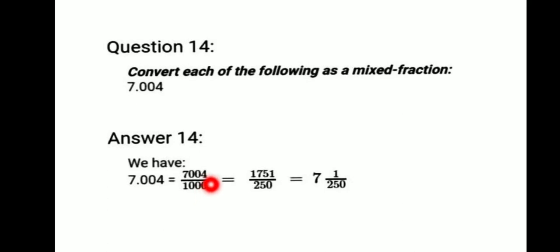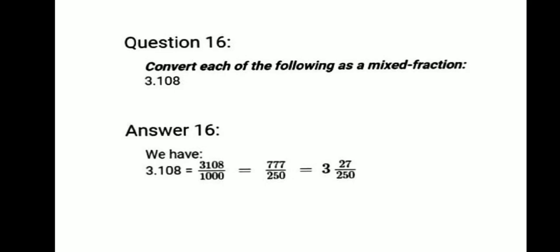Okay, both numbers are divisible by 4, so the simplest form should be 1751 upon 250. Now, when you divide 1751 by 250, you will get 7 whole 1 upon 250, and this is the answer in mixed fraction.